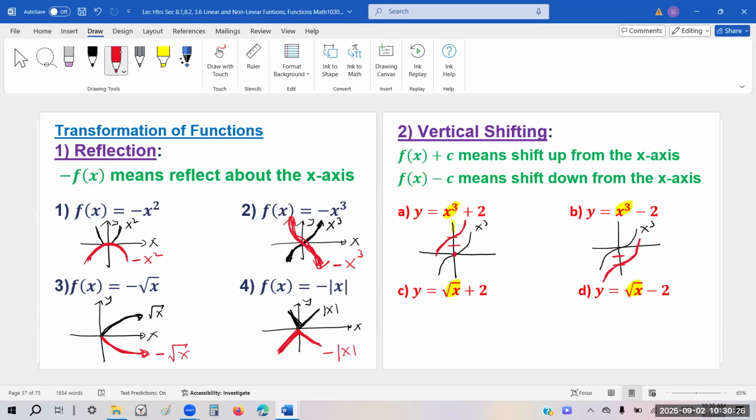Okay. So you move them vertically on a vertical line. Function plus number means up, function minus number means down. Similarly, for square root function, this is the original square root without any transformation, the parent square root. Now you take the parent square root and go 1, 2 up, and you draw the same square root here.